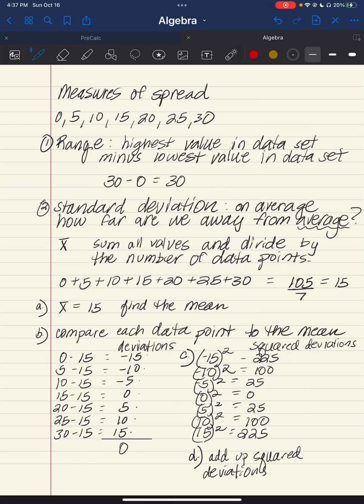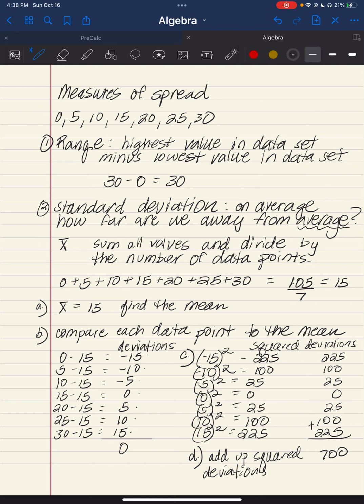We had to square them to get rid of the negatives, but now we're going to add the squared values up and divide by how many there are. So let's add up the squared deviations. 225 and 100 and 25 and 0 and 25 and 100 and 225 is all equal to 700 when you add them up. I believe that's right.